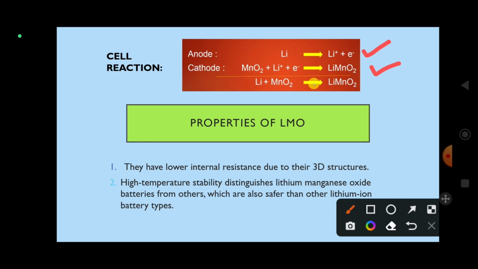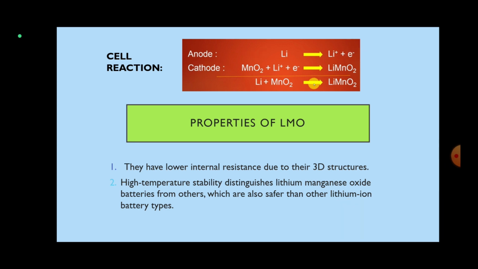Here at the cathode, on the LHS side, the manganese oxidation number is plus 4, and after reduction it becomes plus 3. Hence we can say that at the cathode reduction takes place, and the overall reaction is Li plus MnO2, that is lithium plus manganese oxide, gives LiMnO2, that is lithium manganese oxide.